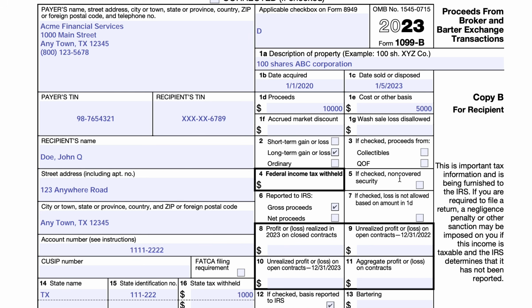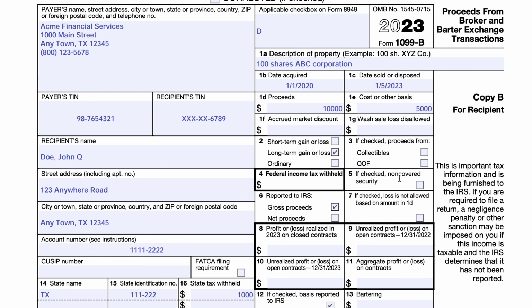B, stock in most mutual funds that were purchased before 2012. C, stock that was purchased in or transferred to a dividend reinvestment plan before 2012. D, debt that was acquired before 2014. E, options that were granted or acquired before 2014. And F, securities futures contracts that were executed before 2014.